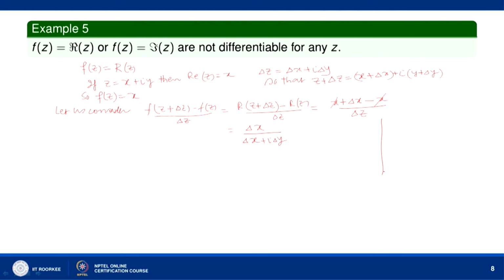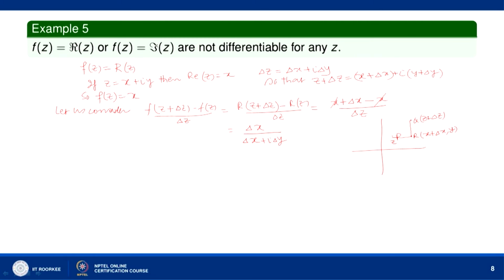Now, again what we do, this is your point P and here is the point Q. So, this is z point, this is z plus delta z complex number. We move along the path 1, that is parallel to y axis, reach the point R. So, this is your point x plus delta x, y.